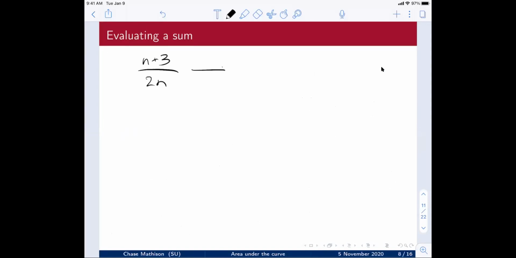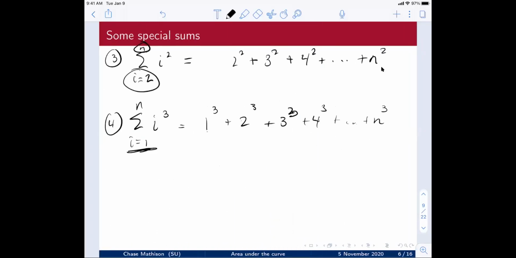When n equals 10, I'm going to get 13 over 20, which is actually equal to 0.65.